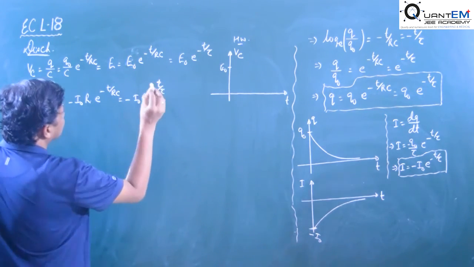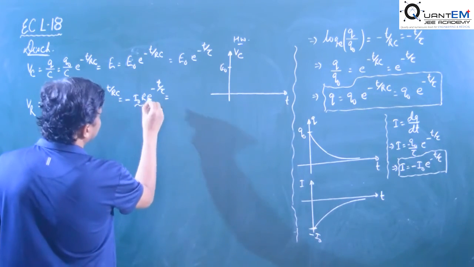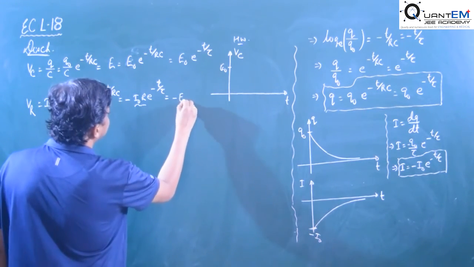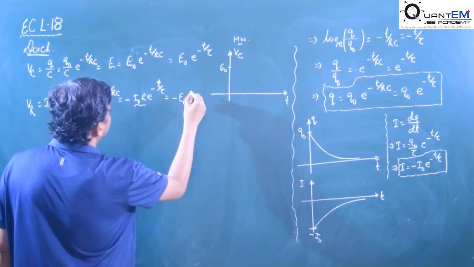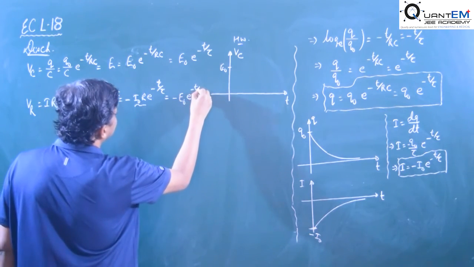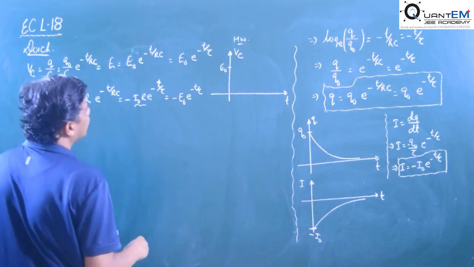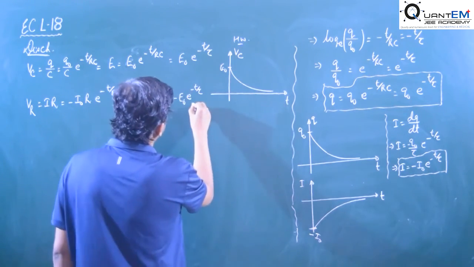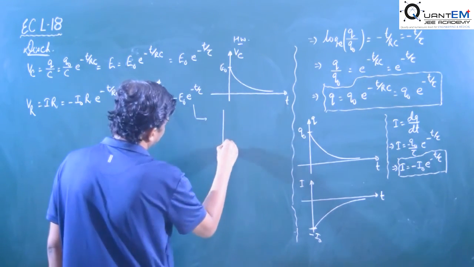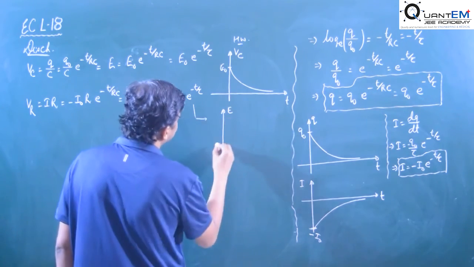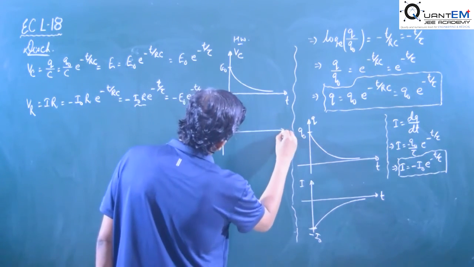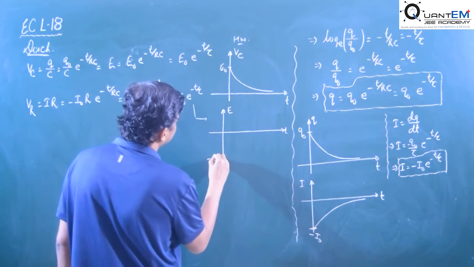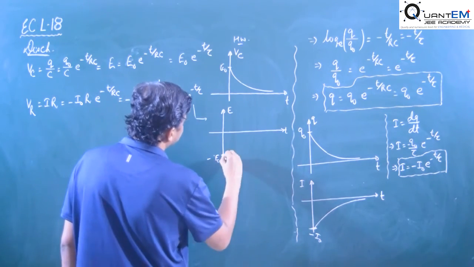Okay, and it is also I naught R is EMF, E naught, it has a negative sign, so minus E naught e to the power minus t by tau.